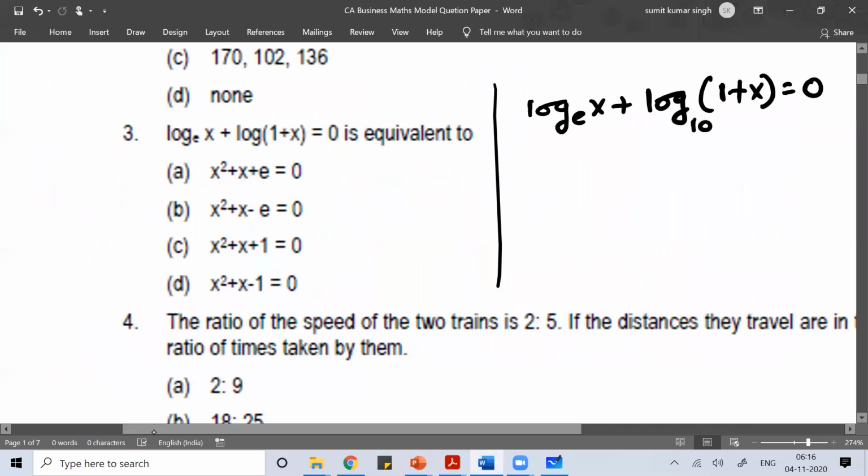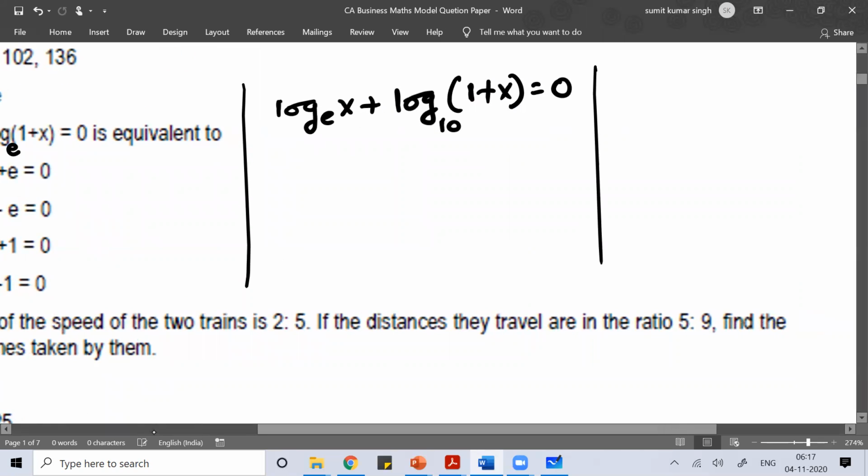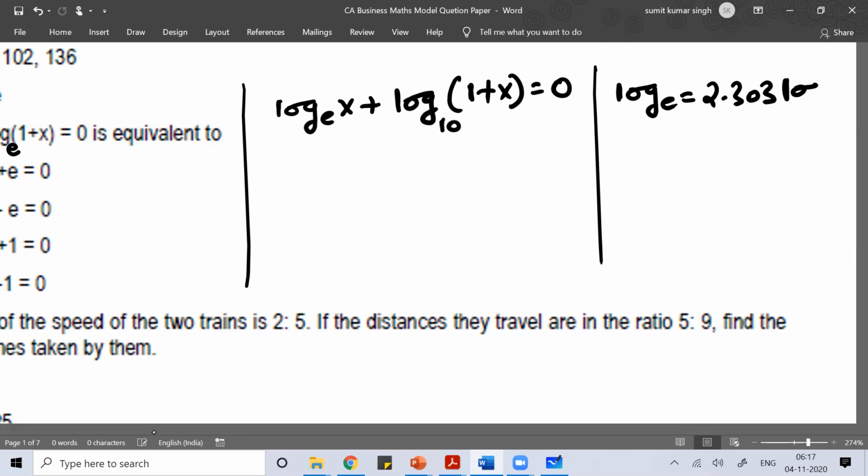The problem with this question is that they should either give the base e or the base 10, but they have not mentioned the base for the other part. I need to solve the problem in one base, and the relation between base e and base 10 is log base e equal to 2.303 times log base 10.